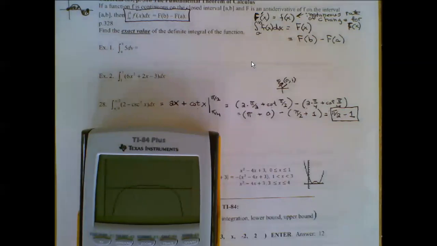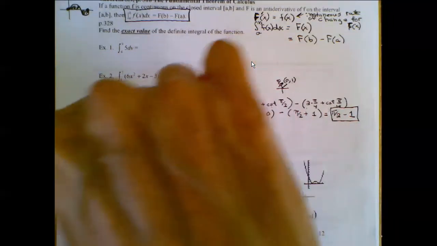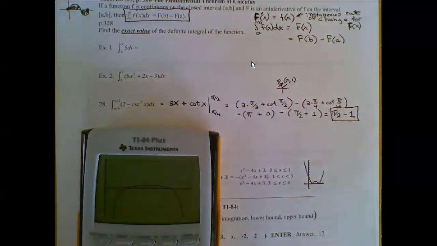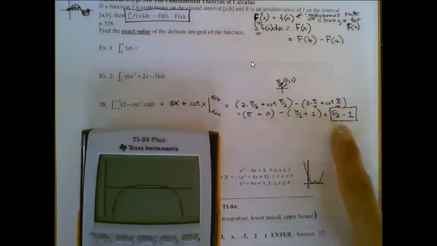All right. So from 0 to pi over 2 is that little piece of the graph that's above the x-axis. Now that I can see it better, I'm going to do one more bit of tweaking on my window, and then I'm going to show you how we can get a decimal approximation of this pi over 2 minus 1.